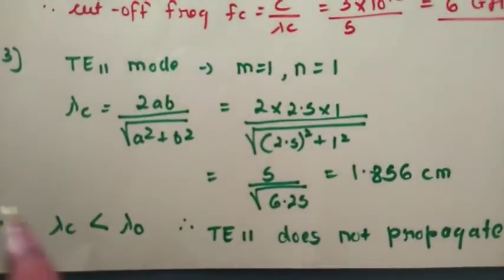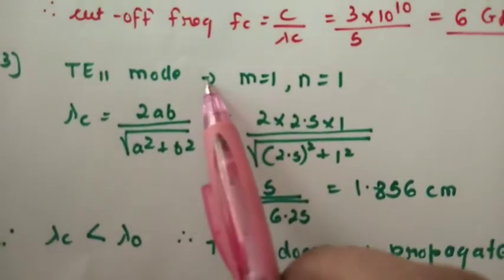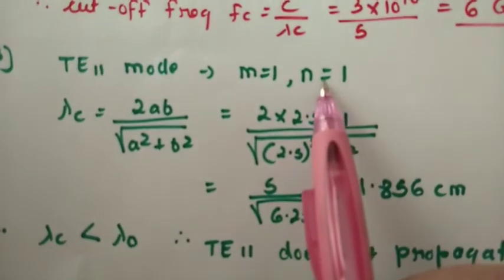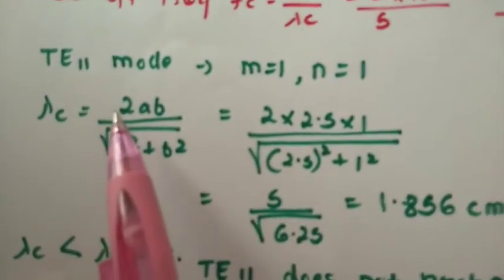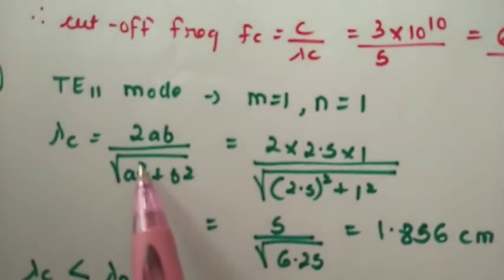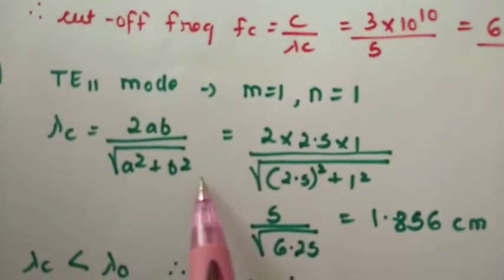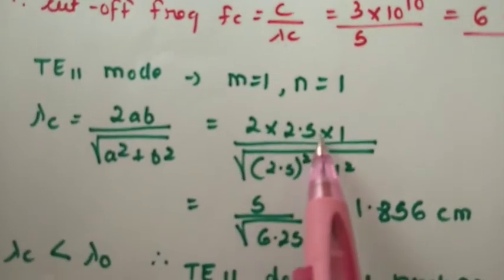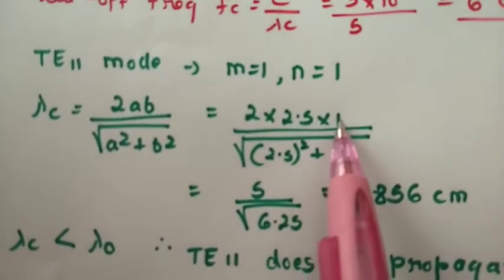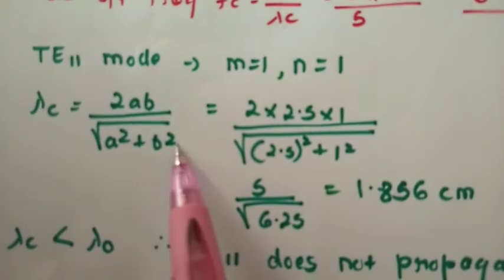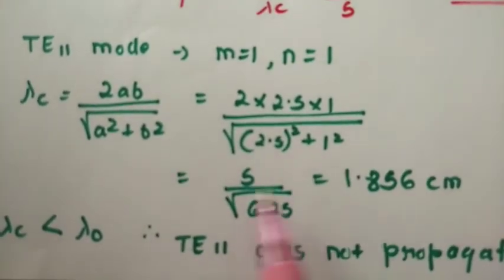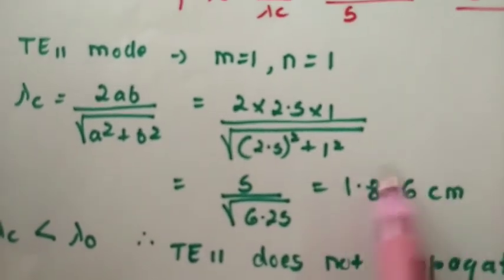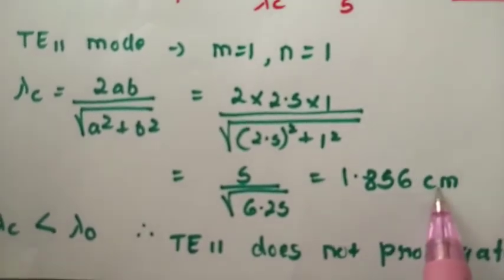Then we'll consider one more mode, that is TE11 mode. So m is equal to 1 and n is also equal to 1. Using the formula for cutoff wavelength, it is 2ab upon square root of a square plus b square. So this is 2 into, substitute the value of a and b, and m and n we have already substituted, that is 1 1. So finally this value will be 1.856 centimeter.